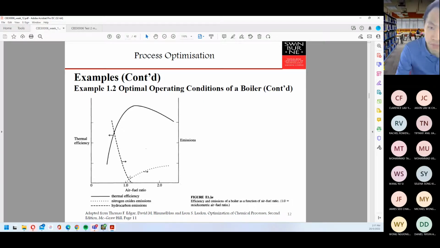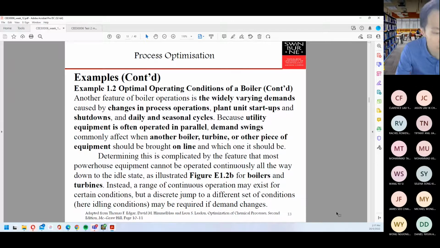So here, if our objective is to achieve the optimum, the maximum thermal efficiency, then the best point will be stopping at this particular point, because this is related with the minimum emissions for the nitrogen oxide and the hydrocarbon emissions here. Of course, this is an ideal situation. In most situations, it's probably not going to be ideal.